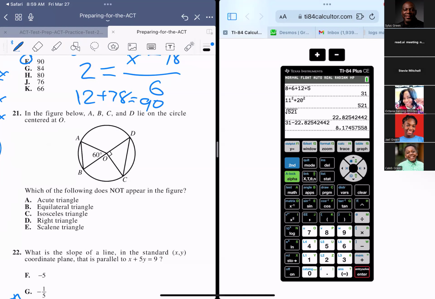So let's see. It says equilateral triangle for B. We can cross that out because, well, this is 60.